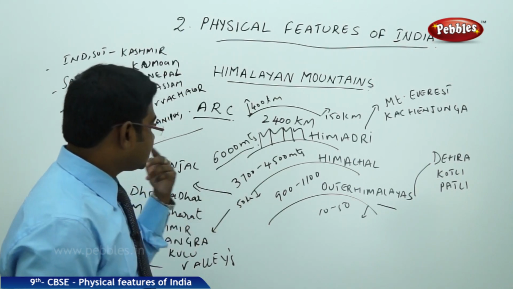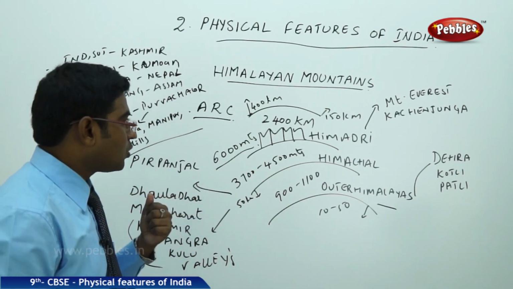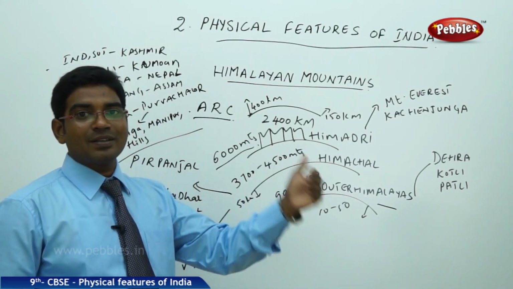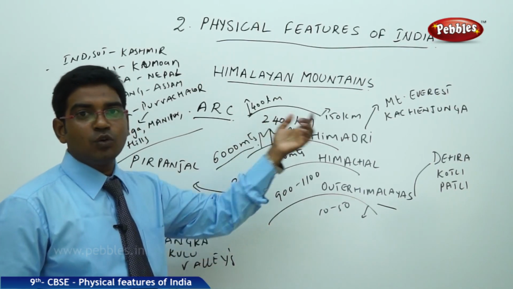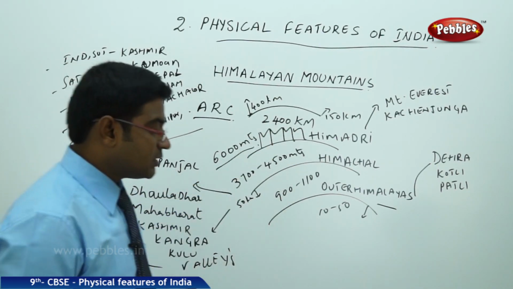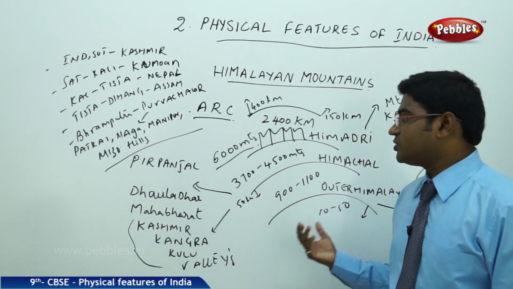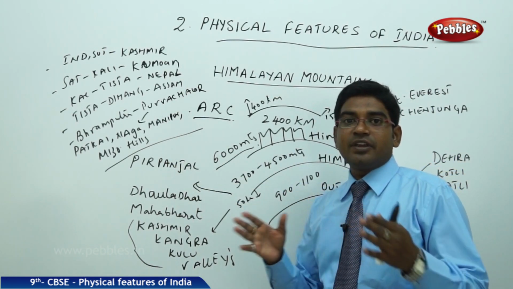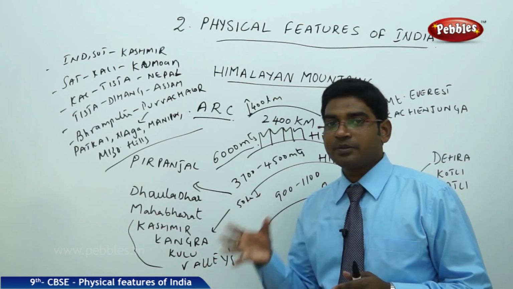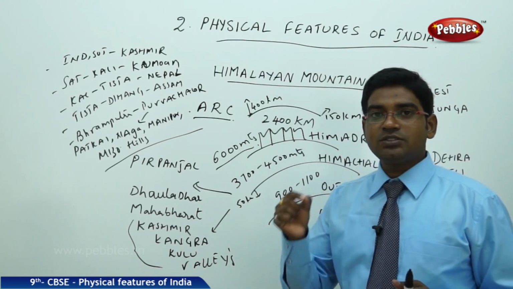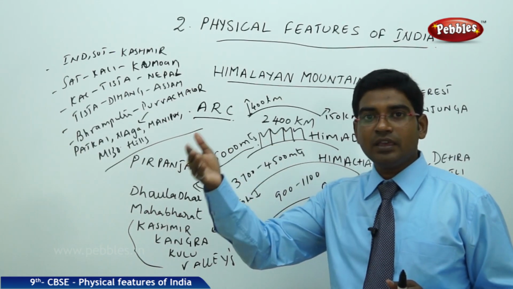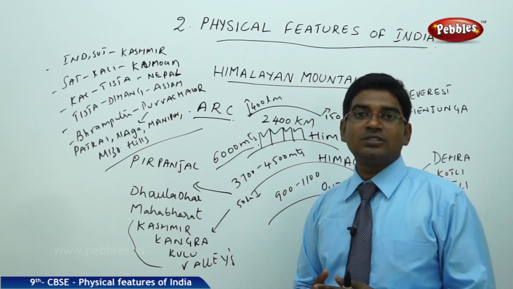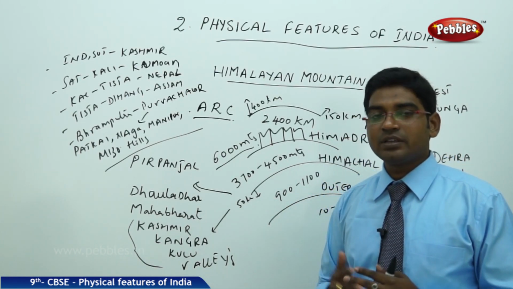When we move on to the second mountain range, it is known as Himachal. The average height of the mountain ranges here is 3700 to 4500 meters, and the special feature in this region is the Pir Panjal range, a very large chain of mountains. Here we don't find a continuous chain of mountains as we find in the Himadri region, and here we also find very beautiful valleys which attract millions of people towards Kashmir.